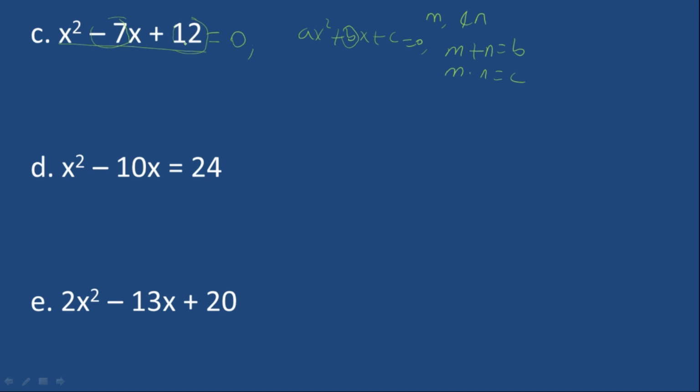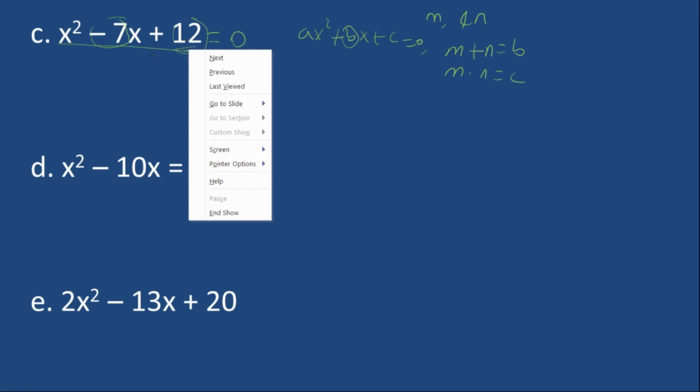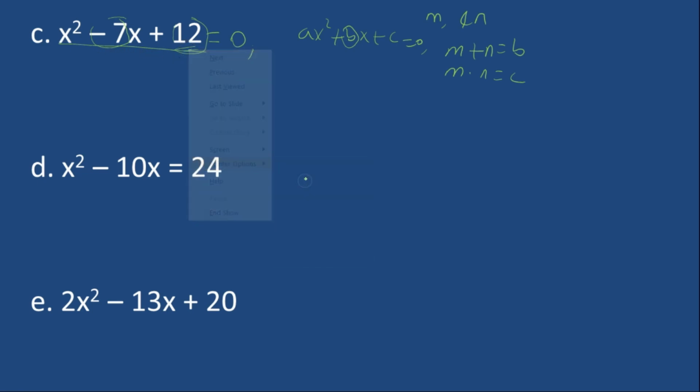It is just a matter of listing the factors of 12, and their sum must become negative 7.